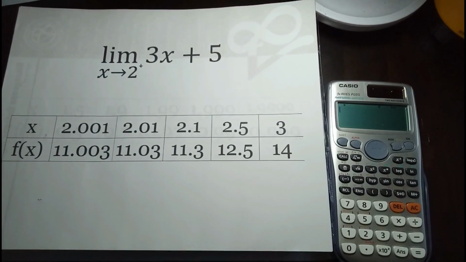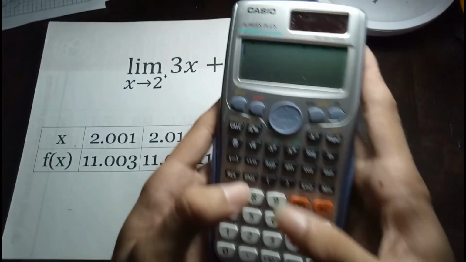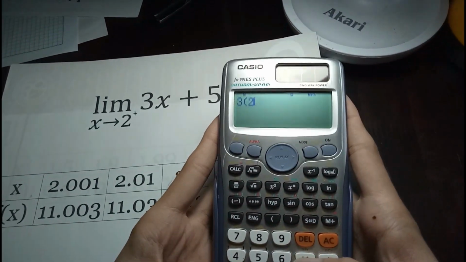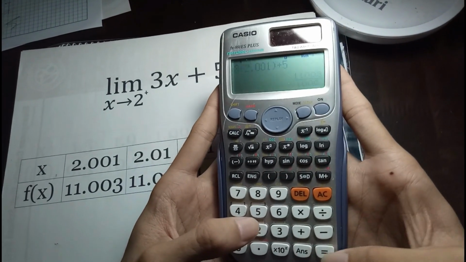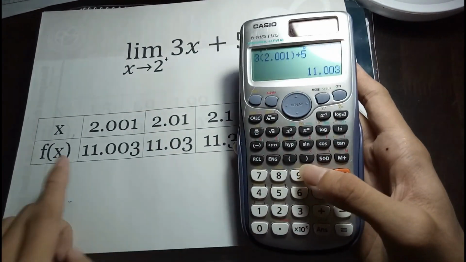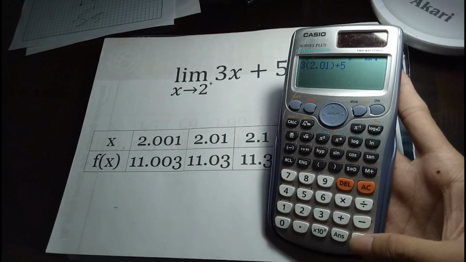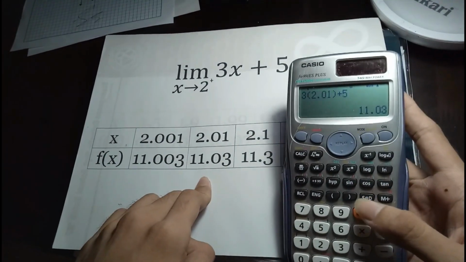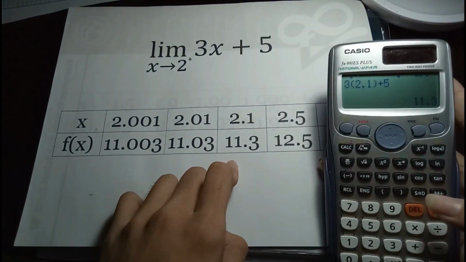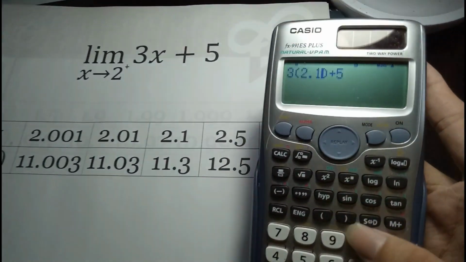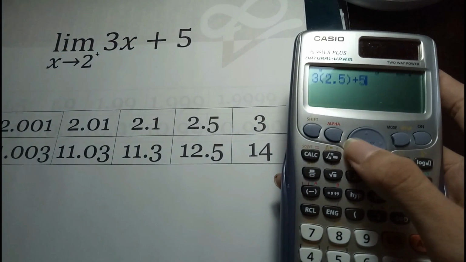By substituting the x values to the given equation, we will be getting the f of x values shown in the table. 3 times 2.001 plus 5, and we get 11.003, and 2.01 we get 11.03, and 2.1 we get 11.3, and 2.5 we get 12.5, and 3 we get 14.